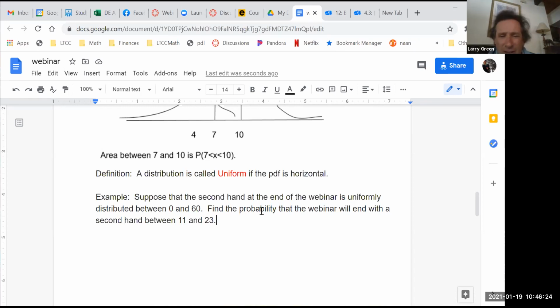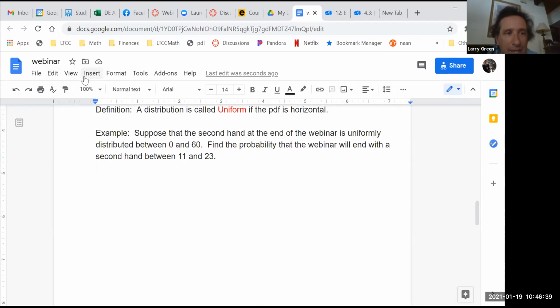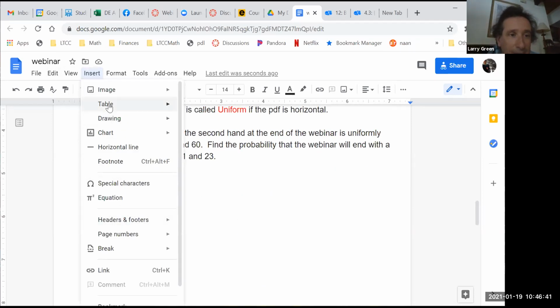All right, well, how do I do this? Key is I draw a picture. Okay, so we're going to 11 and 23. So let me draw a picture and insert a drawing.